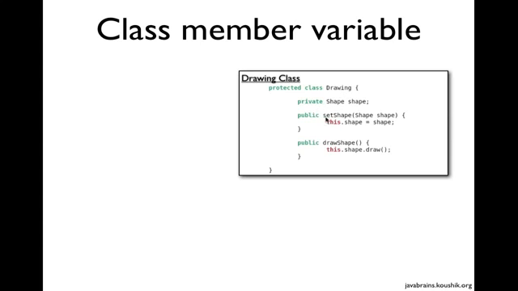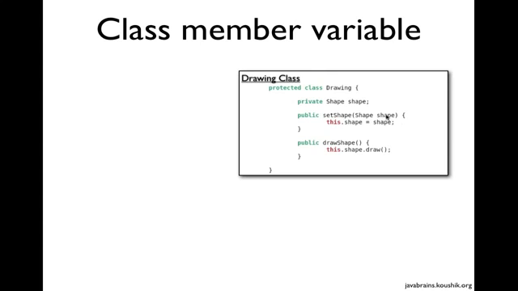Now I'll define a public setter, setShape, and I will take a shape object and set it into this shape. Now this can accept a circle, this can accept a triangle, tomorrow it can accept a pentagon, hexagon. As long as it's a shape, it'll accept this object.